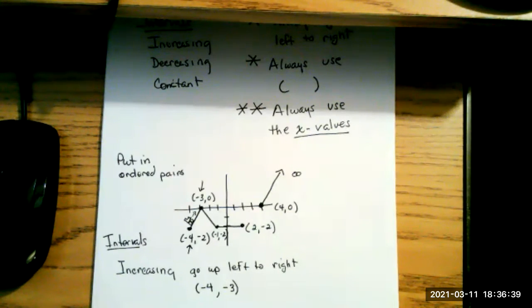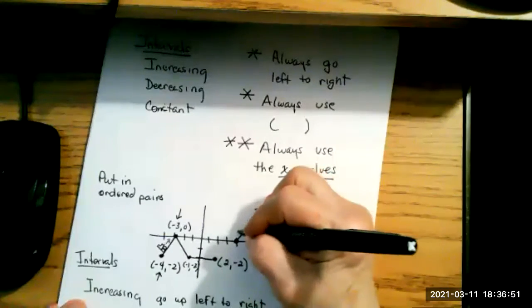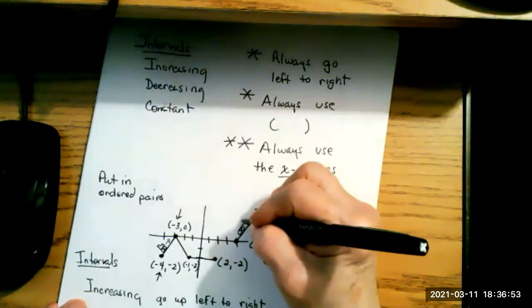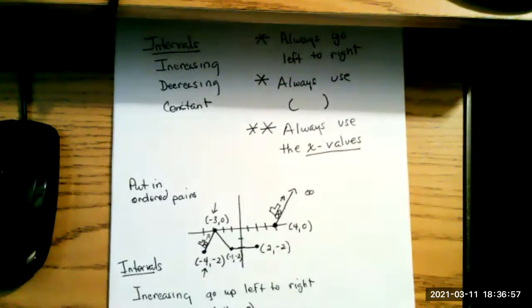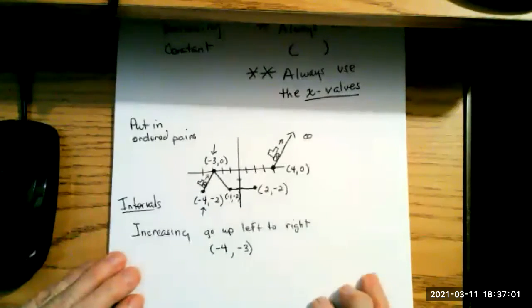Now, is there any other place on this graph that we'd be going up, left to right? Would it be 4, 0 to infinity? That's right. I could put my little car over here, and it would be going uphill, left to right. So there is another one.